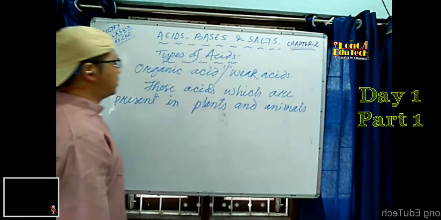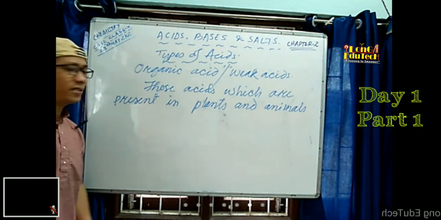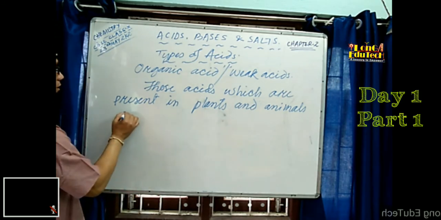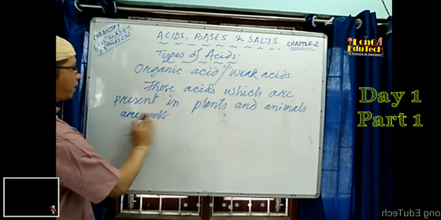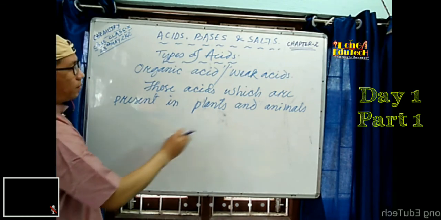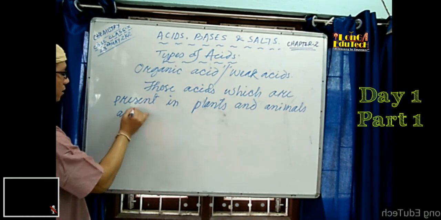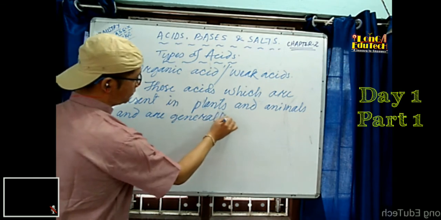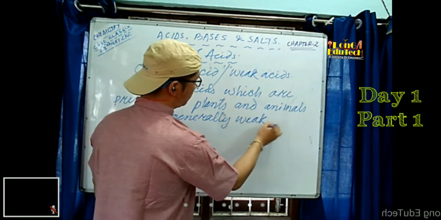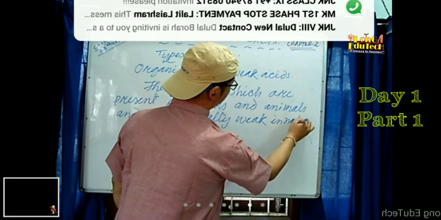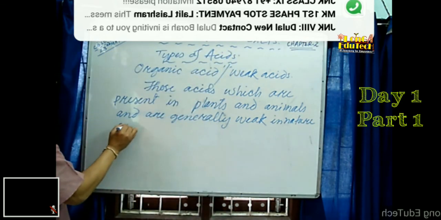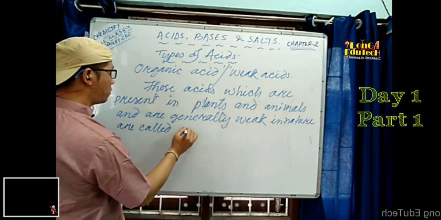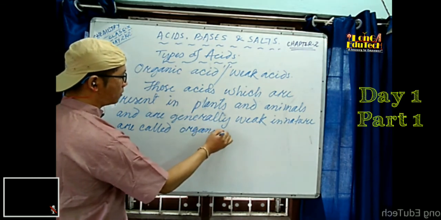Which are present in plants, and generally they are all obtained from plants only, and are generally weak in nature, are called organic acids.